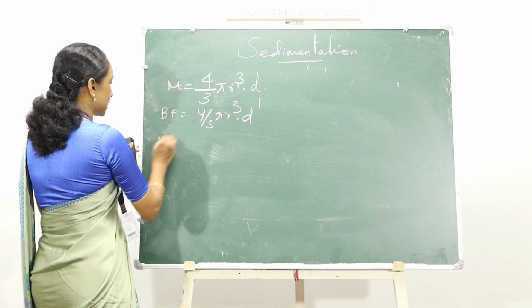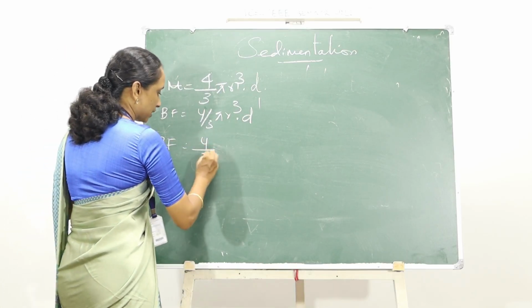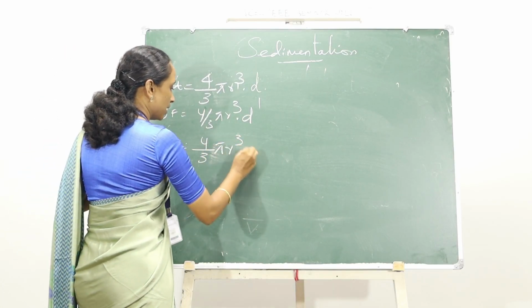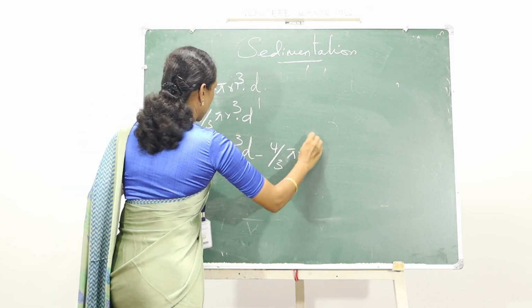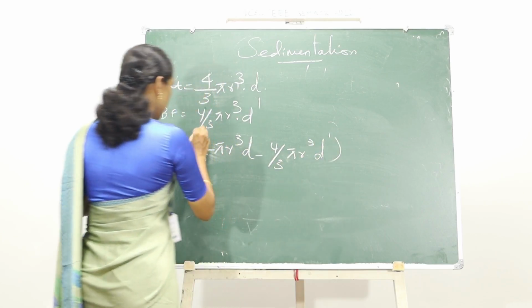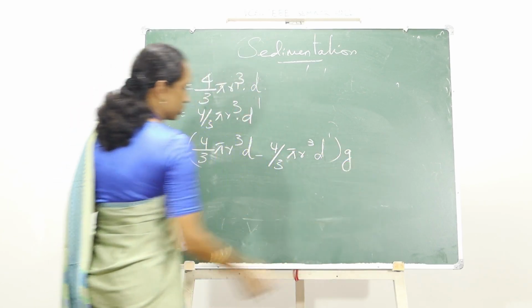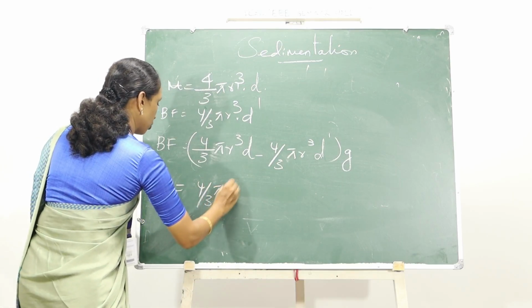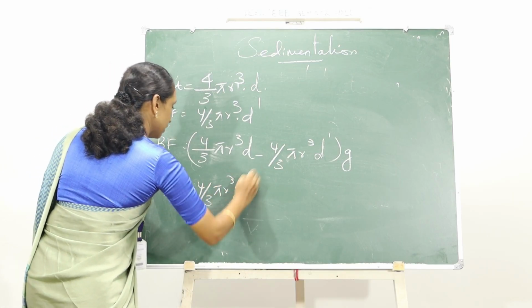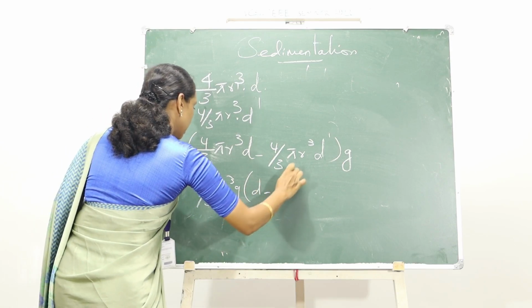So this buoyant force can be written as 4 by 3 pi r cube d minus 4 by 3 pi r cube d dash, into g, the acceleration due to gravity. This simplifies to 4 by 3 pi r cube g into (d minus d dash).